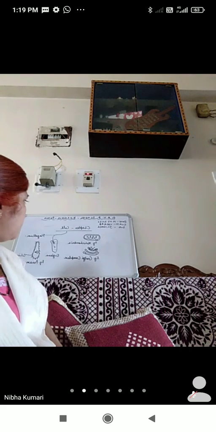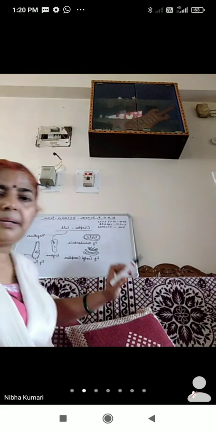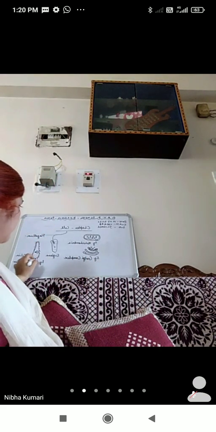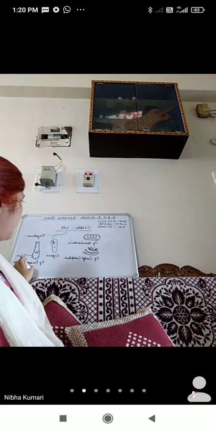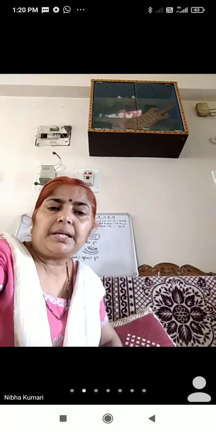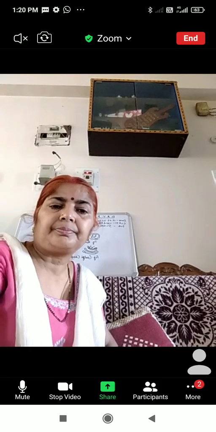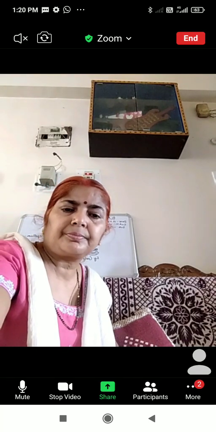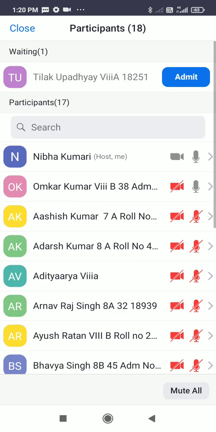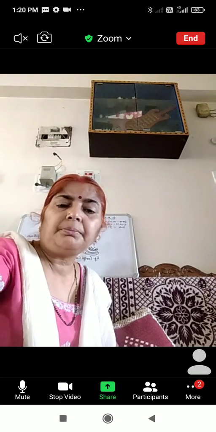So you can see children that the whip-like structure present in euglena, it is flagellum, and these hair-like structures on the cell membrane, it is cilia. So these cell membranes have extensions. Cilia and flagella are the extensions of the cell membrane. Are you following children?